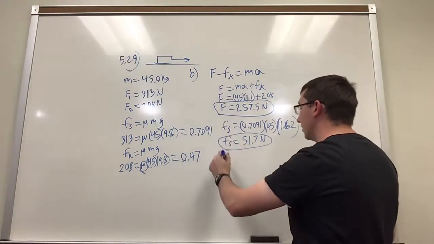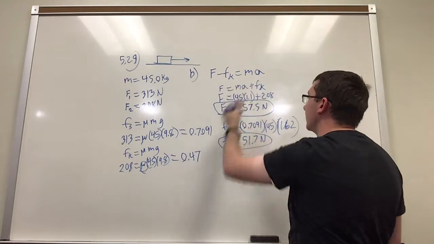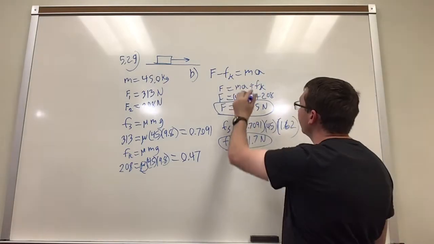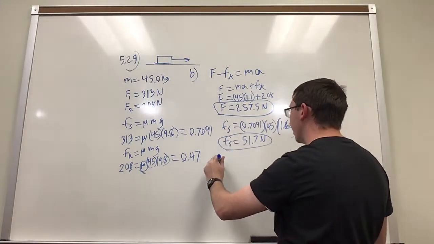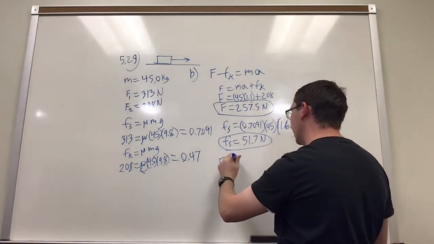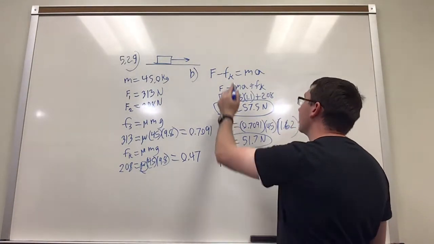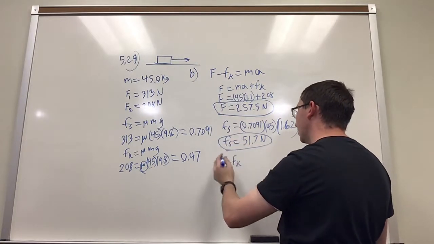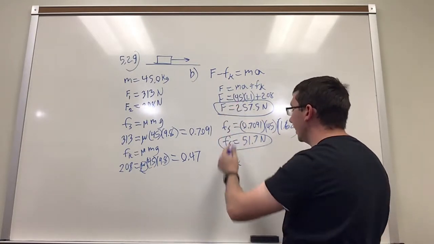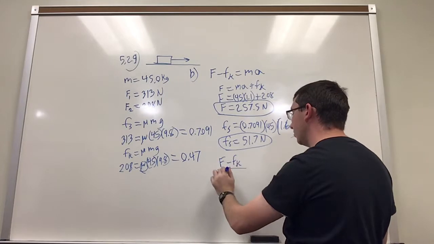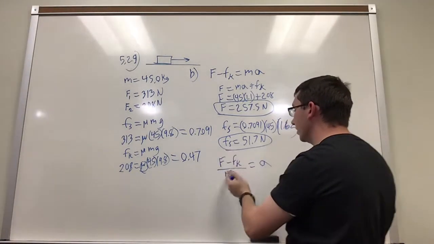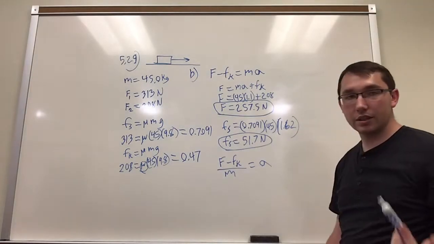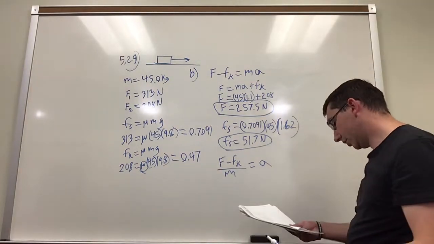So then, if we wanted to find the acceleration, if we use this force, the equation is going to be the force minus the kinetic friction, divided by the mass, is going to be equal to our acceleration. So this is the part where we need to find the kinetic acceleration.